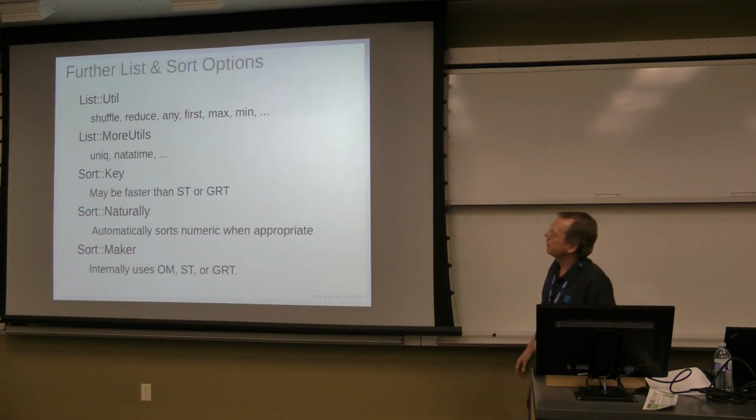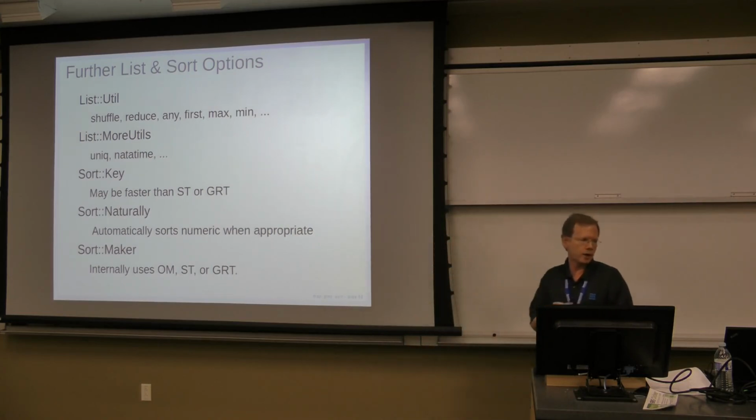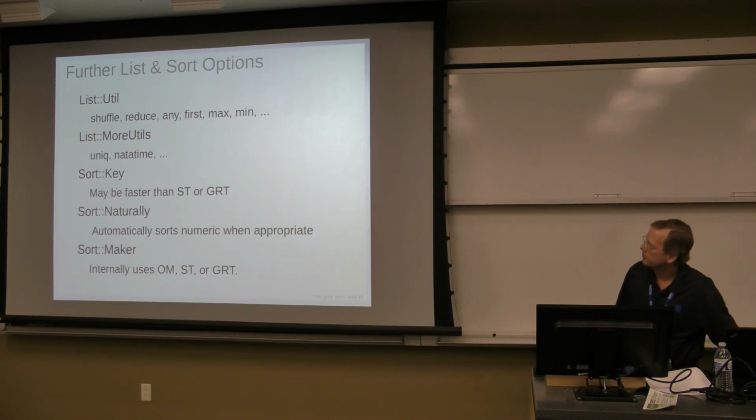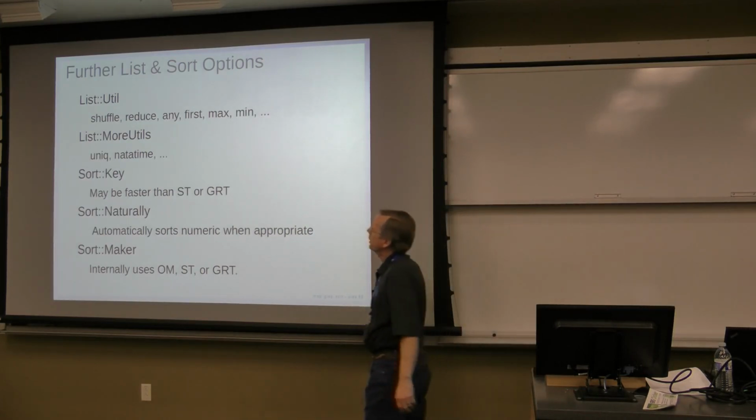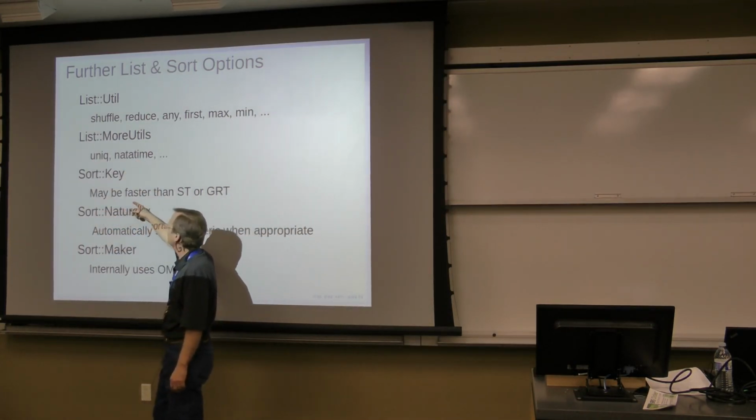Some other list and sort options. Look in List::Util. One of my favorites in there is shuffle, if you want to randomize your data, instead of putting it in order, you want to unorder it. Reduce is a very powerful construct. Any, first, max, min. There's a lot of fun stuff. Unique, out of List::MoreUtils, and natatime. Those are some fun things.